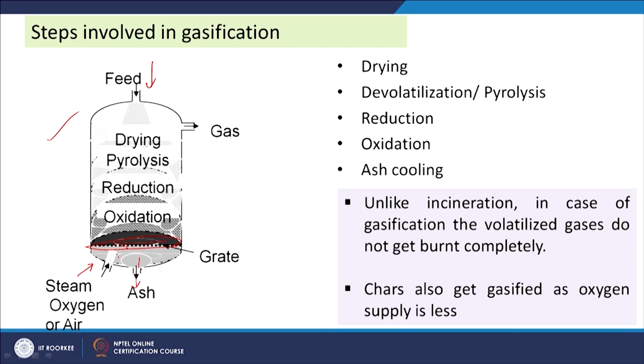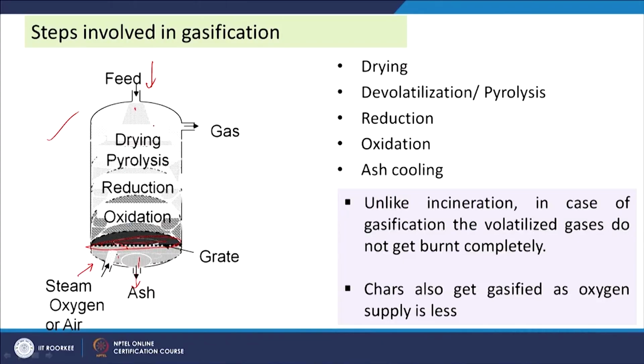And what are the different types of changes on the coal? When it enters here, it comes in contact with gradually increasing temperature. Why? Because oxygen is provided here, so maximum oxygen is available in this zone.